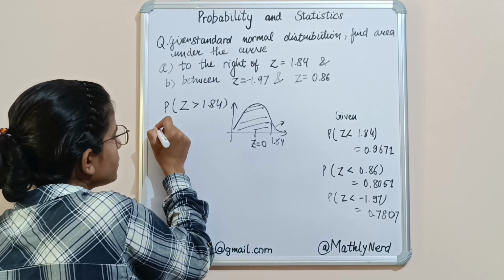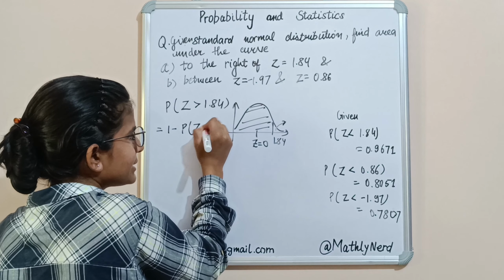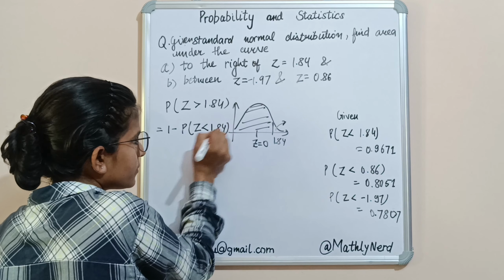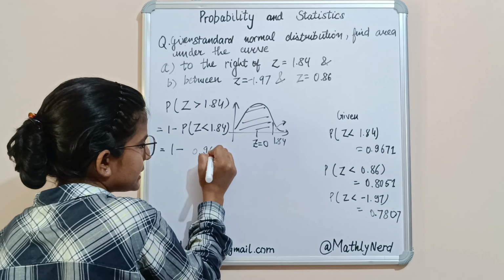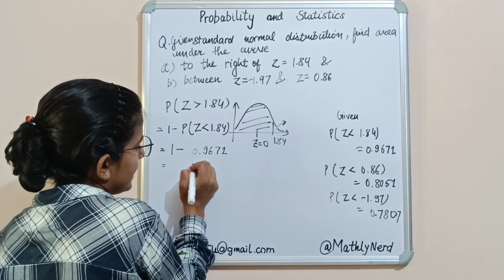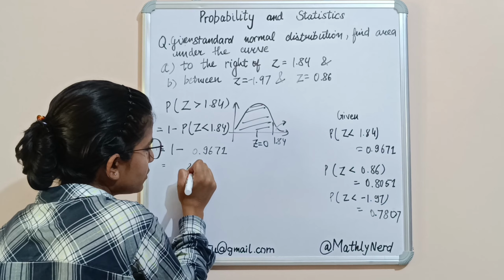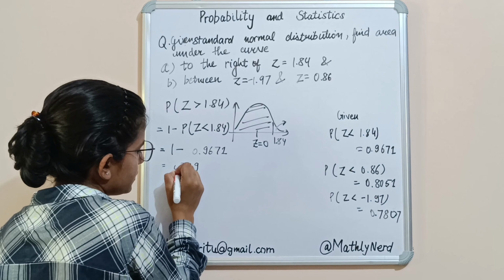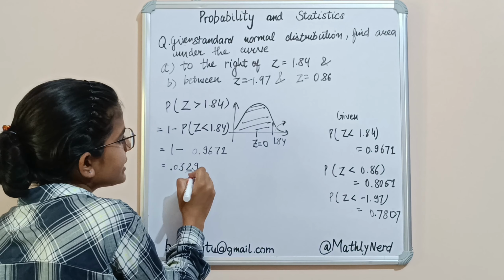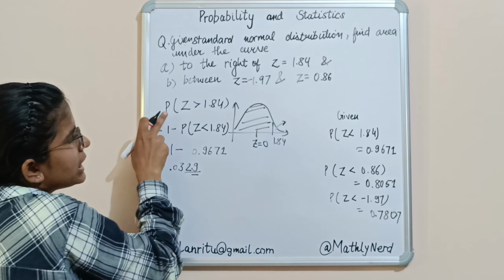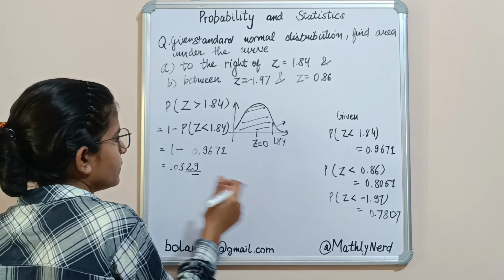So this will be equal to 1 minus the probability of Z less than 1.84, which is 1 minus 0.9671, and that will be equal to 0.0329. So this is the probability of the standard normal variate Z greater than 1.84.